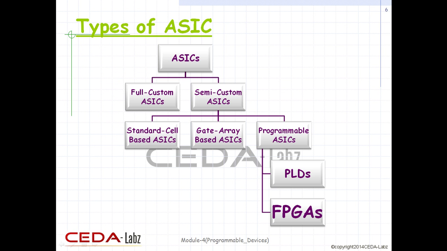This figure shows the ASIC classification, which was discussed in the previous slide. First is ASIC and then its classification, full custom and semi-custom. Further, semi-custom is classified as standard cell-based ASIC, gate-based ASIC and programmable ASIC. And again, programmable ASIC is also further of two types, PLDs and FPGAs.